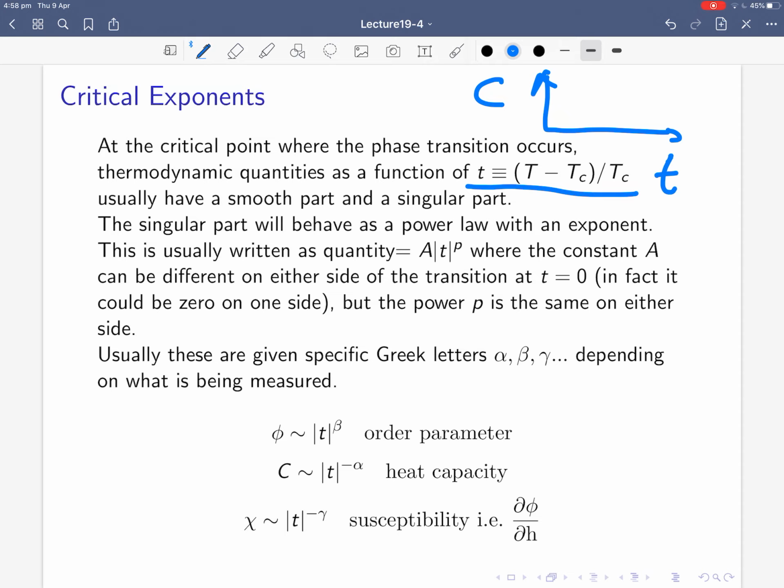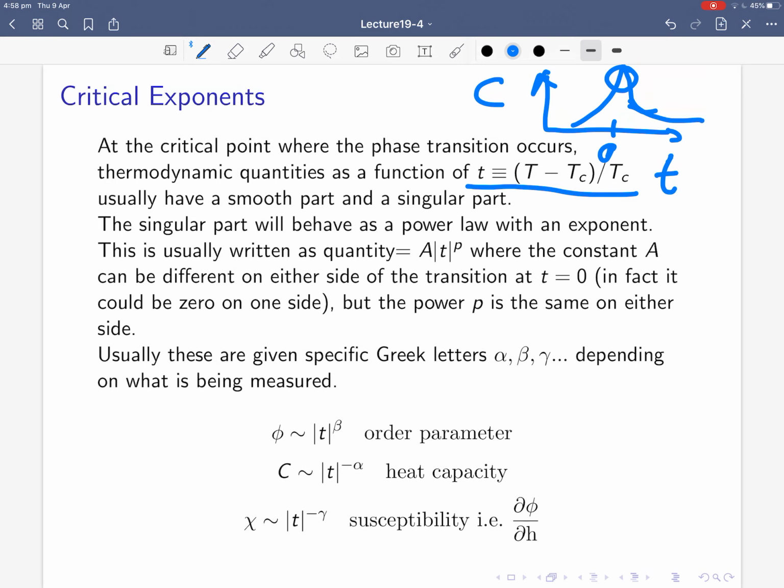So if we plot, for instance, the heat capacity versus T, you'll find the heat capacity might look like this, and it might have a singularity just here, where the transition occurs, plus some smooth bit.